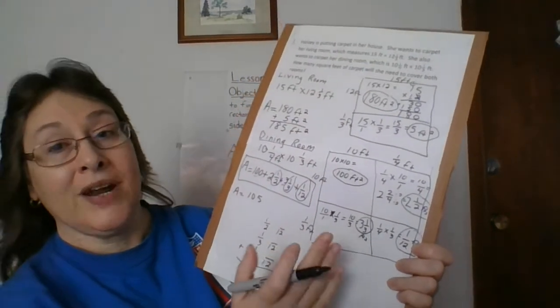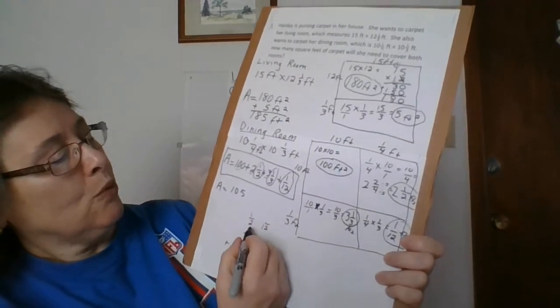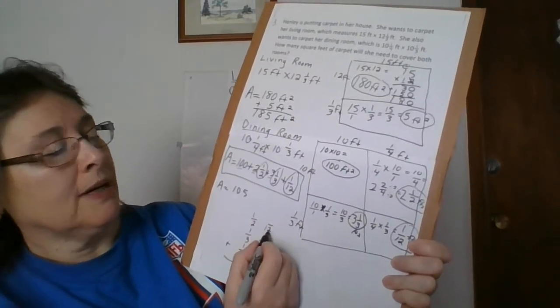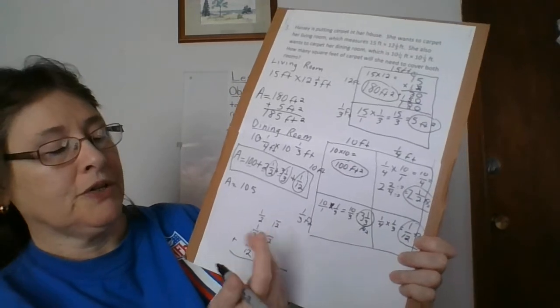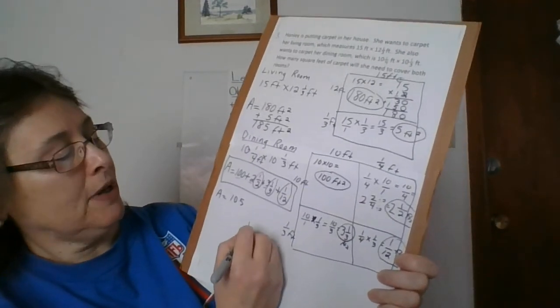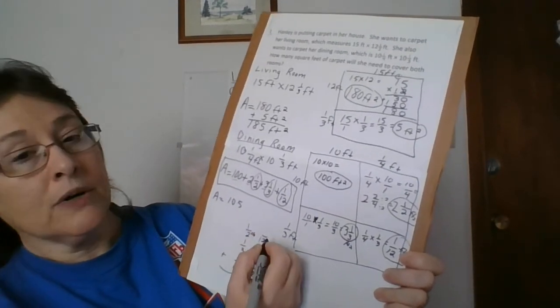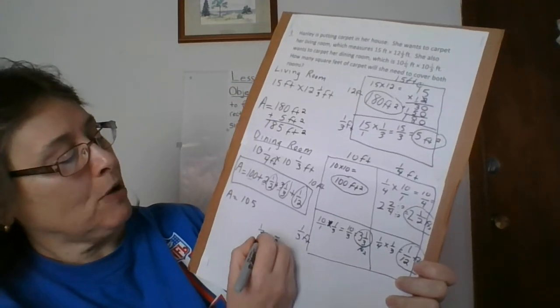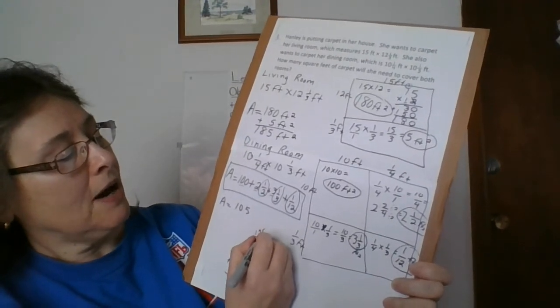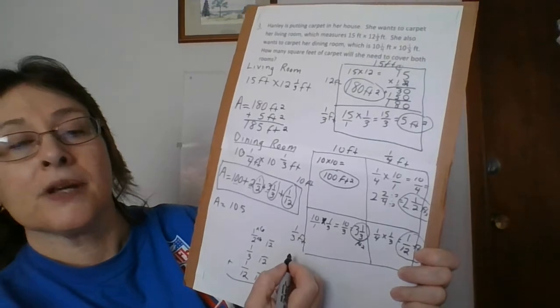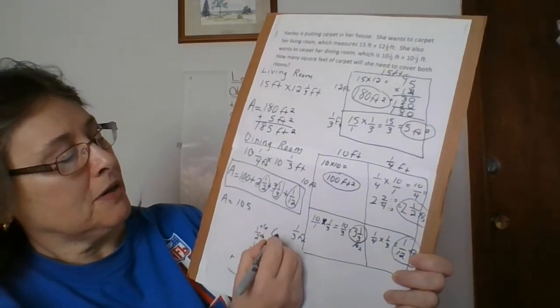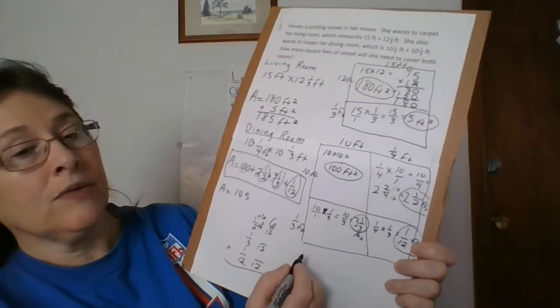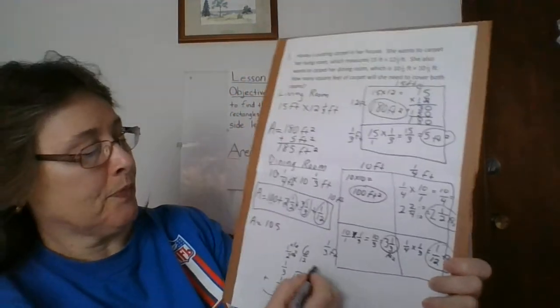So now I'm going to write an equivalent fraction. What did I multiply 2 by to give me 12? 2, 4, 6, 8, 10, 12. I multiplied it by 6. And in order to make an equivalent fraction, since I multiplied the bottom by 6, I have to multiply the top by 6. So 1 times 6 is 6. So my equivalent fraction is 6/12.